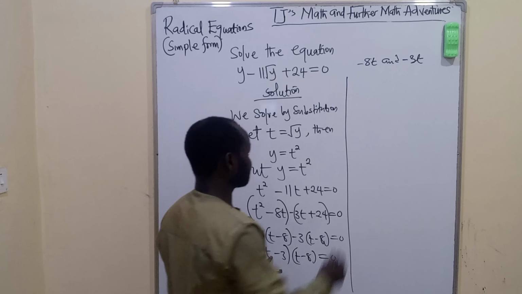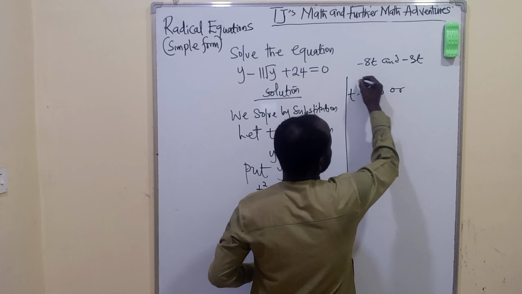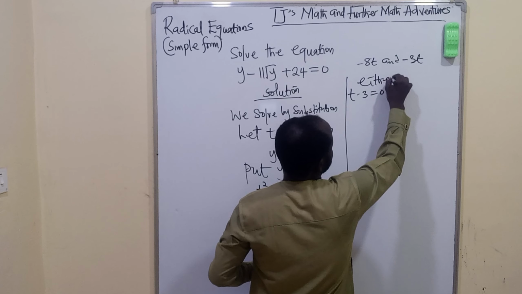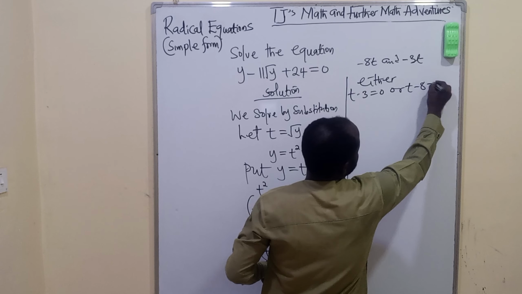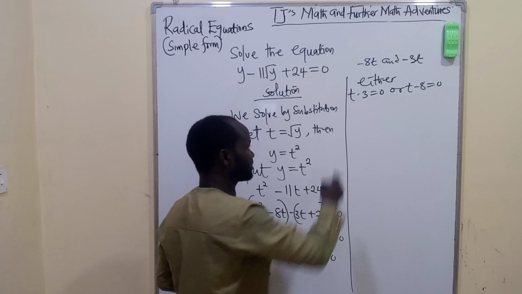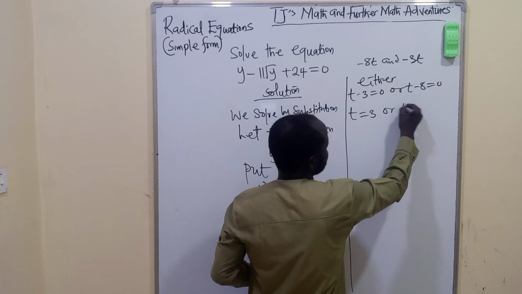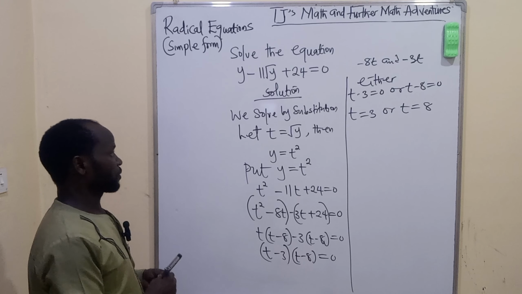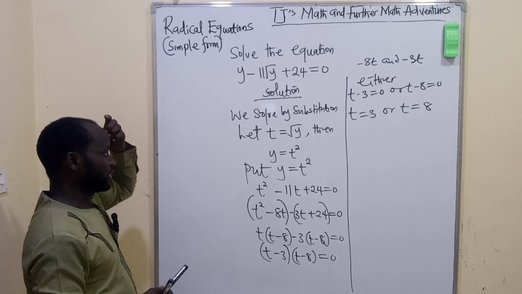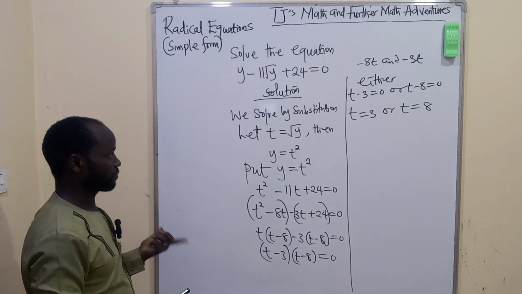Let's move here. Either t minus 3 is equal to 0 or t minus 8 is equal to 0. So we can find t. Let's collect like terms. t will be 3 or t will be equal to 8. But what we are asked to find is the value of y.